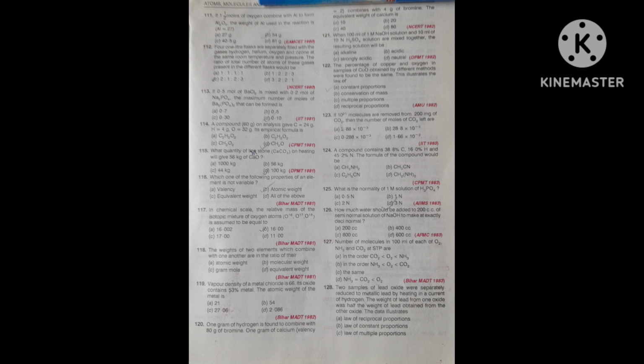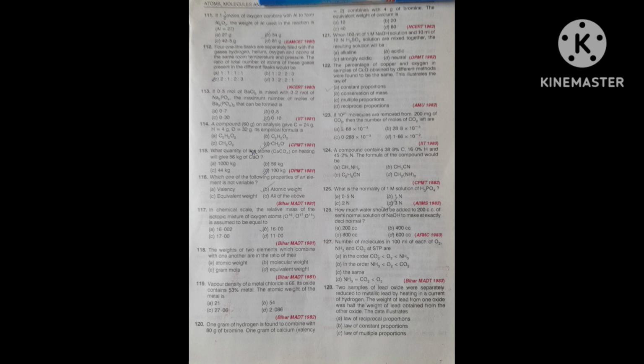Question number 122. The percentage of copper and oxygen in samples of CuO, means cupric oxide, obtained by different methods were found to be the same.